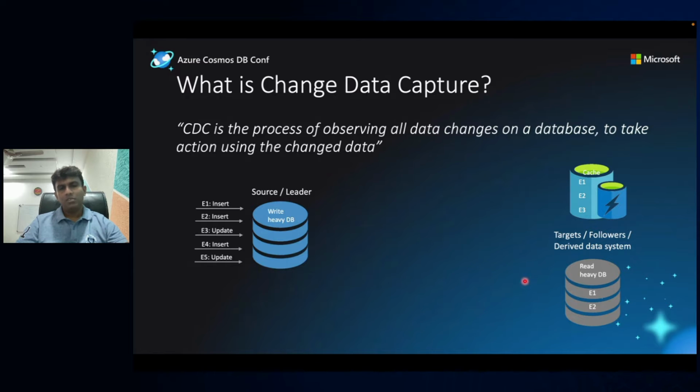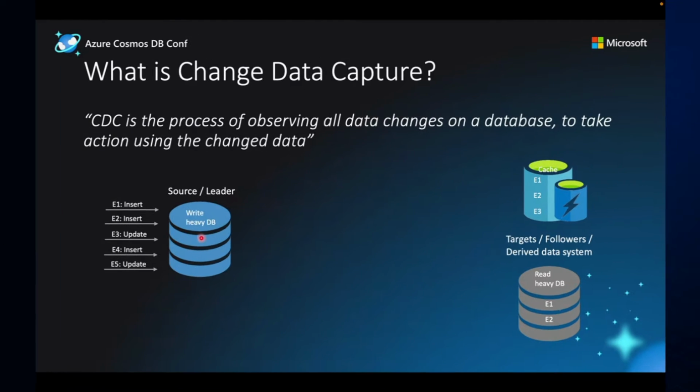And the other way to keep the data sources in sync is using triggers. Basically, you could set up triggers for the source database, and when a trigger is fired, you could update the target databases. But even with triggers, if the volume of changes happening on the database is pretty huge, it is not so reliable. So that's where CDC comes into play.